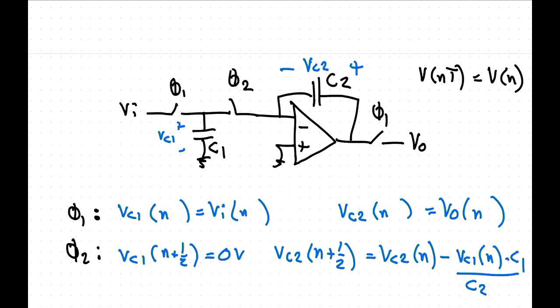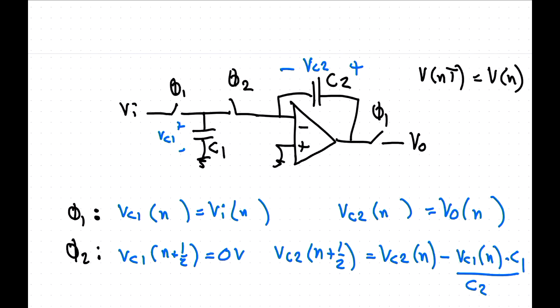Now what we can also see is that at the end of clock phase 2, we have that. At the end of clock phase 1, we're not changing any voltage across that capacitor there, because clock phase 2 goes open circuit, there's no current passing in that.